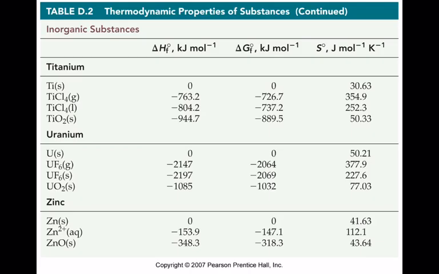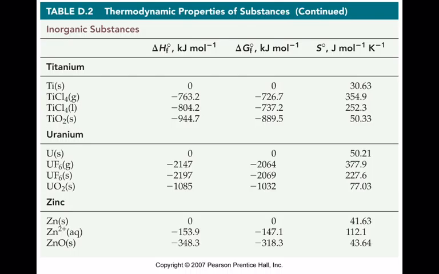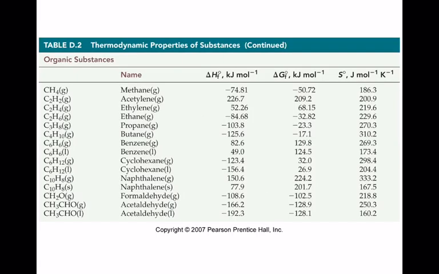If you go back to the S column, the entropy, notice they're all positive. But for the standard molar enthalpy of formation, there are some positives and negatives, aren't there? After that come the organic compounds.